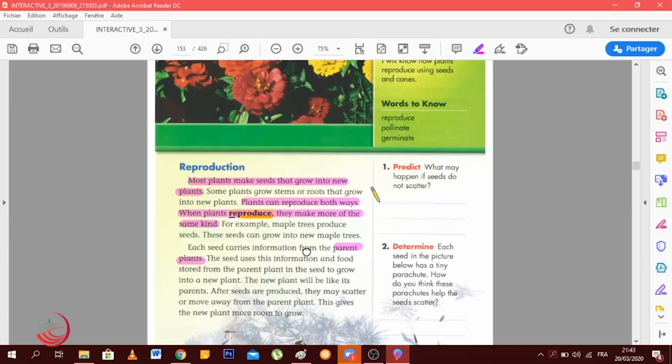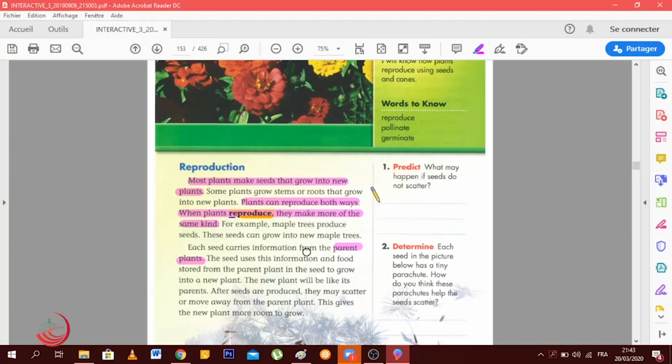Like I said, the seeds of an apple tree have information from the apple tree. It will say that the apple tree is a big tree. It has flowers, and it has leaves, and it has this color and this color, not this color.